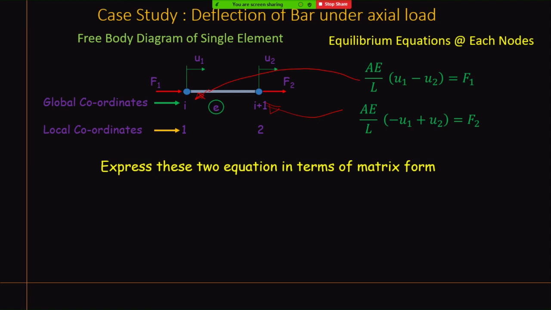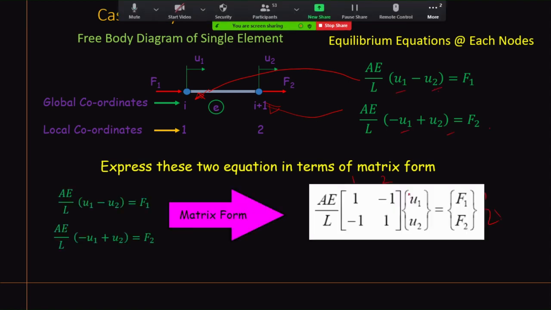Now I can represent this in matrix form. This is what is called an elemental equation. This represents the elemental behavior. It represents 1, minus 1, minus 1, 1 and so on. These numbers 1 and 2 you can give, and you can say these are the elemental equations.